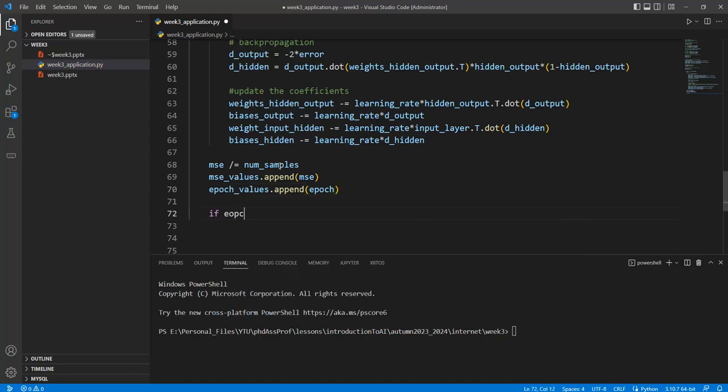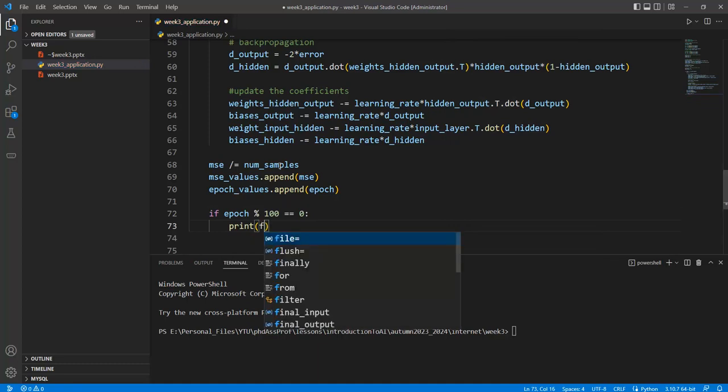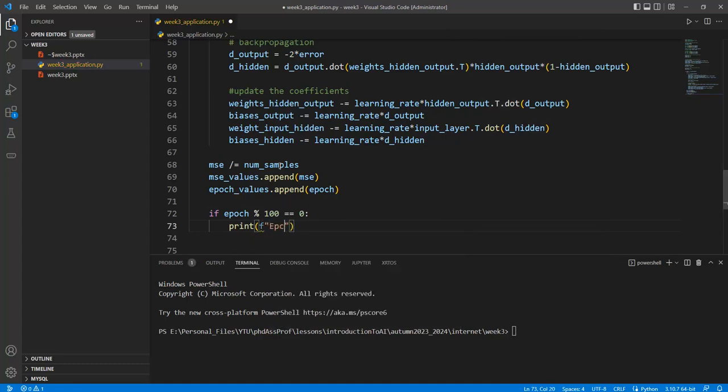If the epoch modulo 100 is equal to 0, then print the f-string with the epoch value and MSE, to inform the user.